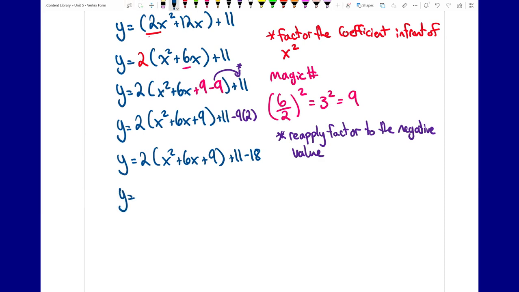So now everything in the bracket should be a perfect square. So the square root of the first term, the square root of the last term, the sign in between the first two terms, squared, and then I can simplify: plus 11 minus 18 is minus 7, and now I have the vertex form.